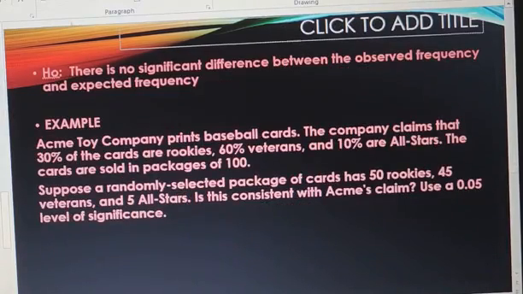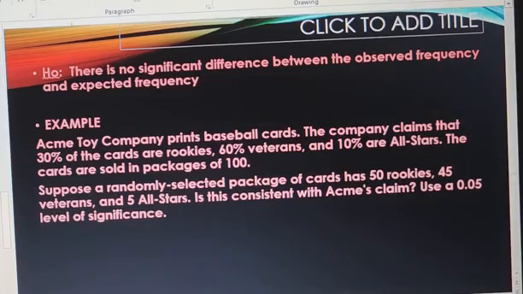Many of our questionnaires adopt these categories. The frequency of such categories can be tested using the chi-square. H0: there is no significant difference between the observed frequency and expected frequency.